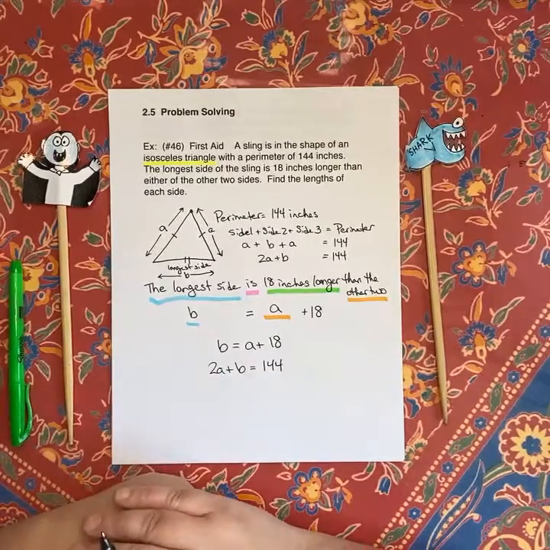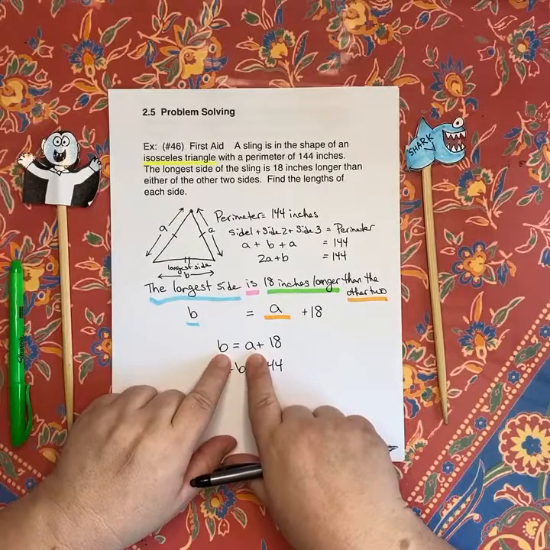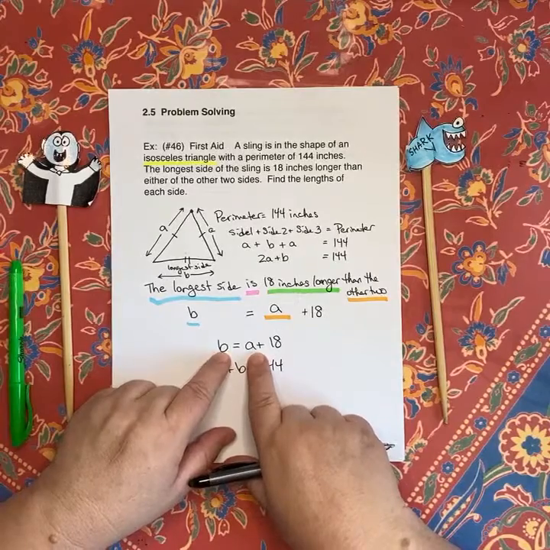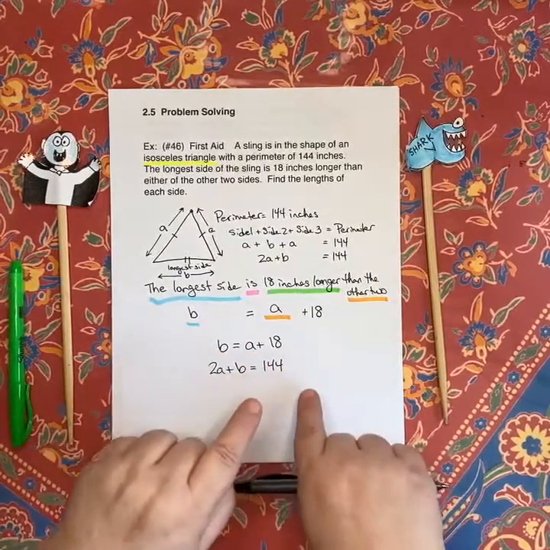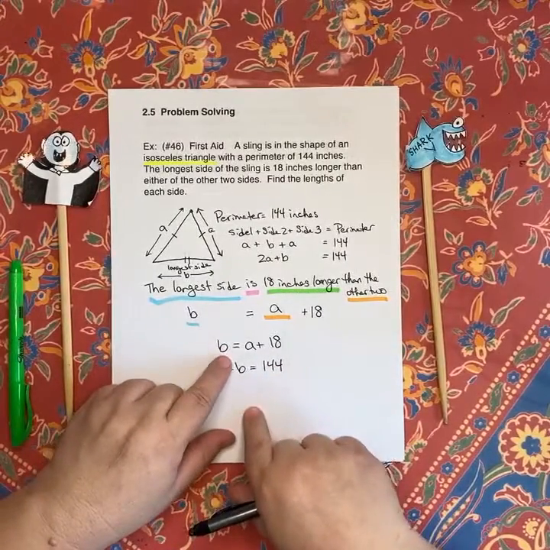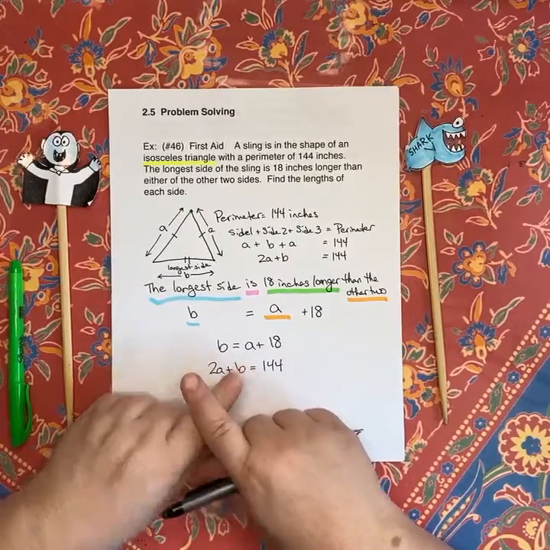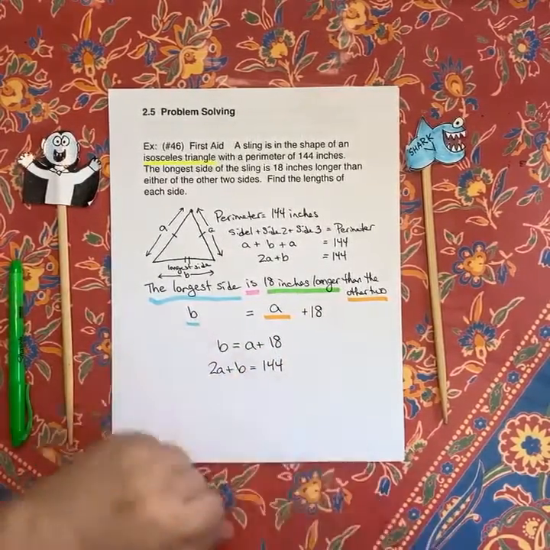Here's the thing. There's this thing called substitution. If two things are equal, you can replace one with the other. It's kind of like if you've ever seen a sitcom or a movie where there are twins and they play a joke on their teachers because one twin will go into class in place of the other twin. It's just like that. B and A plus 18 can take each other's places, have wacky adventures, go on dates with the other one's girlfriend or boyfriend.